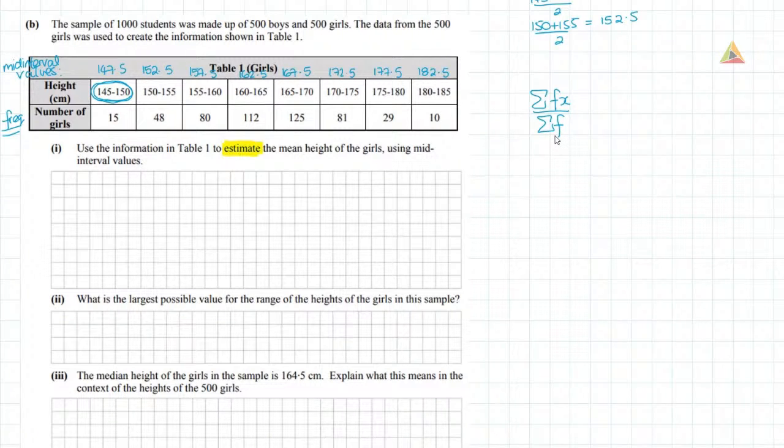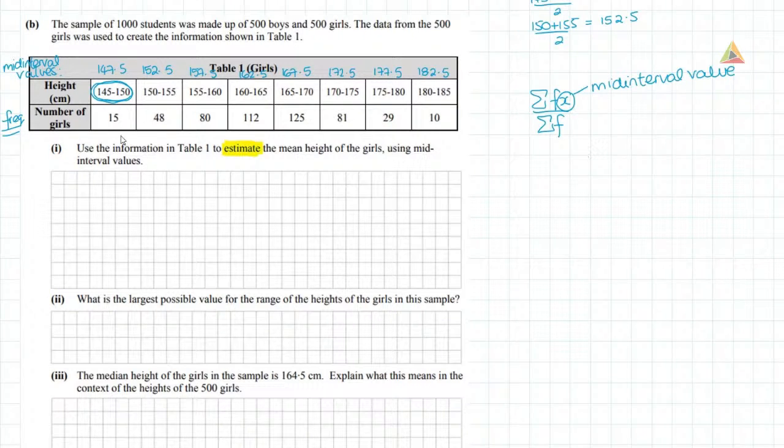So we're going to add together your frequencies. So the top line, the sum of the frequencies times x, we're going to use our mid-interval value here as our x, because we don't have all the list of exactly what height these students are. And that's why we have this estimate word coming into play.